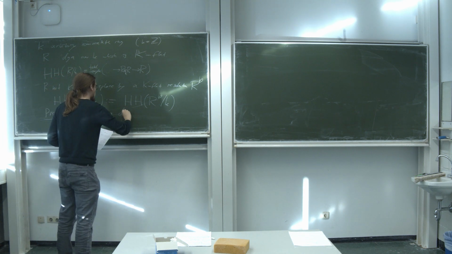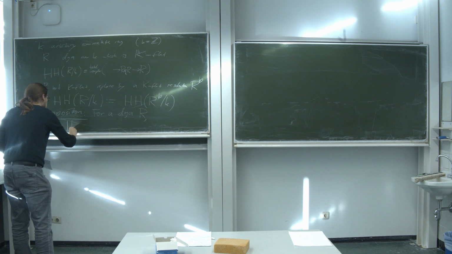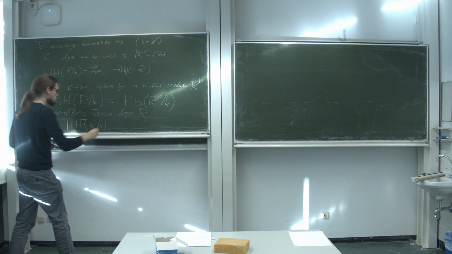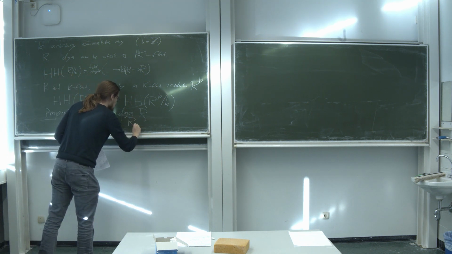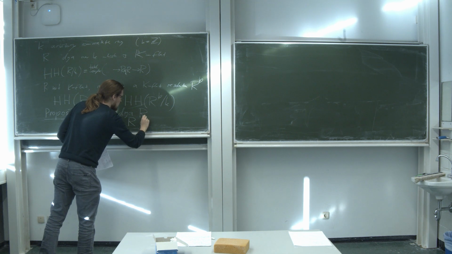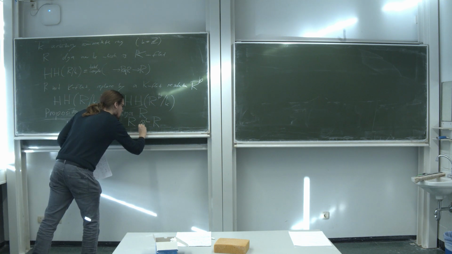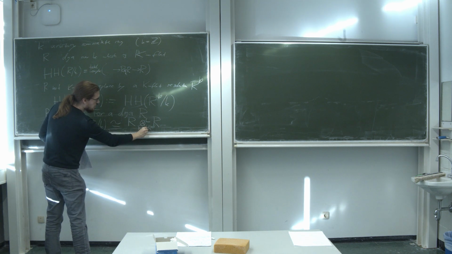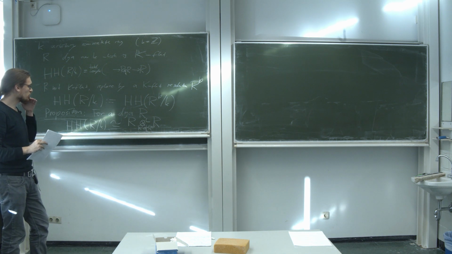For a DGA, we have that the Hochschild homology of R relative to K is quasi-isomorphic to the derived tensor product of R with itself over the derived tensor product of R with R op over K. So some explanations are in order.